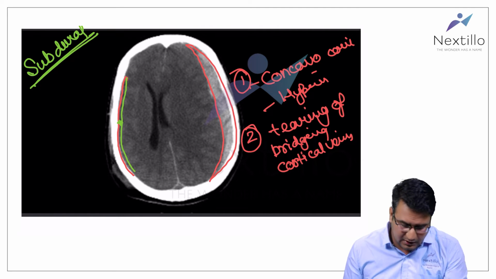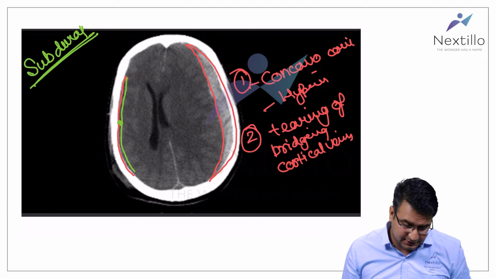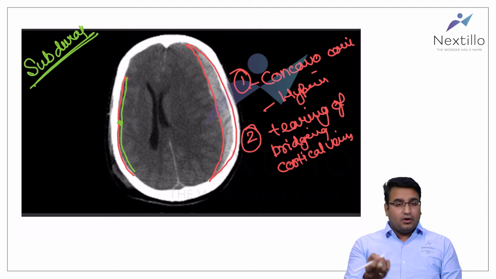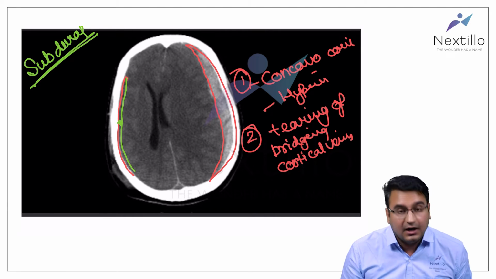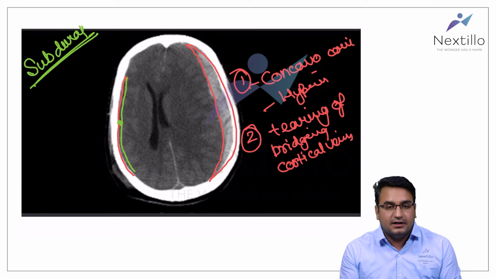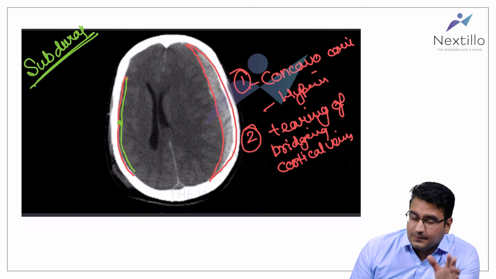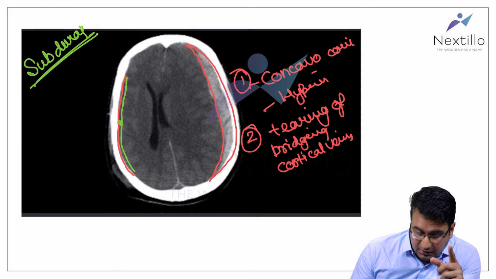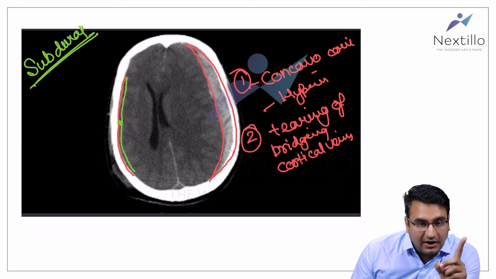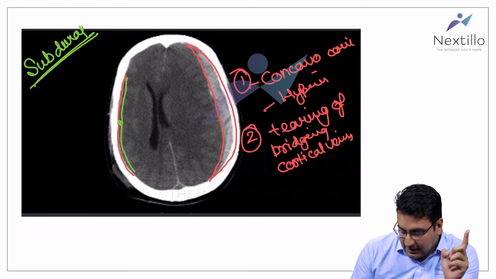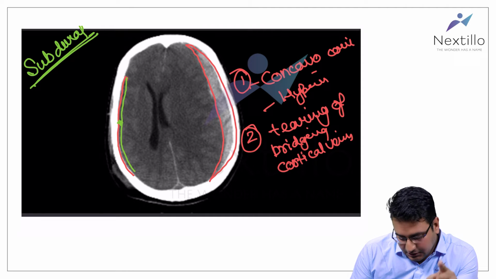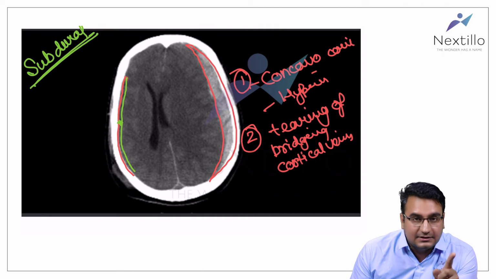One more important thing which can be asked in the exam in the form of a statement is how you are going to differentiate extradural and subdural hemorrhage. As per the name, we have talked that extradural will be of lentiform shape, biconvex. The next one, subdural, will be concavo-convex.